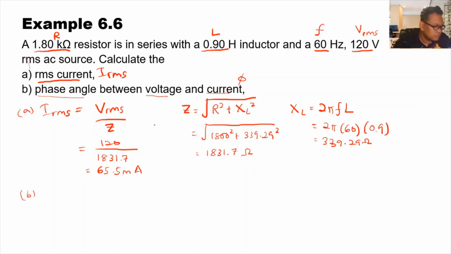Okay, next the question asks us to find the phase angle between voltage and current. So the phase angle is equal to arc cos of resistance divided by impedance. The equation is already given, right?